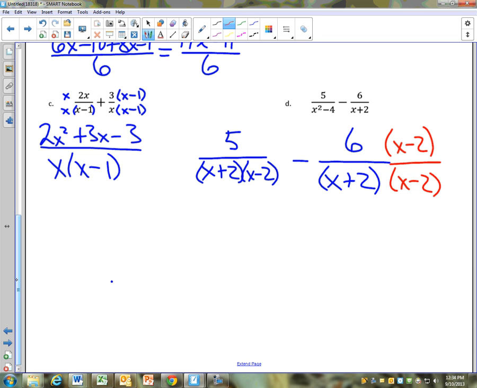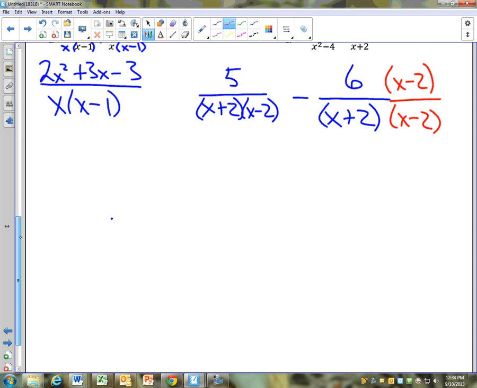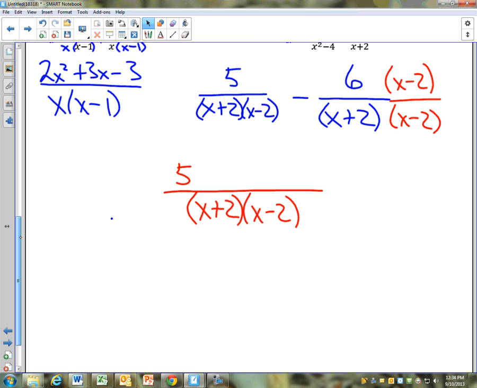Okay. 5 over x plus 2. Okay, so our common denominator is now x plus 2 times x minus 2. What do I have in the numerator? Good.